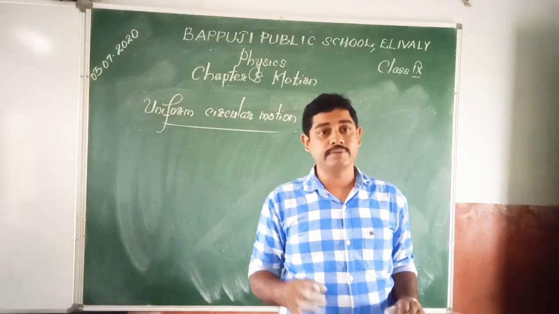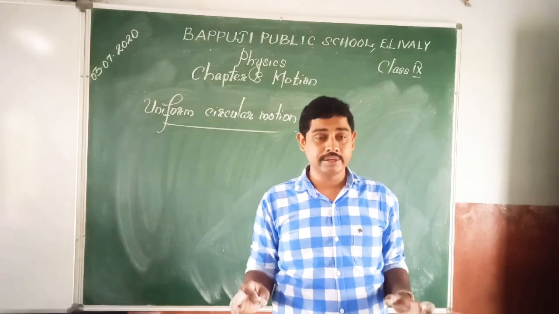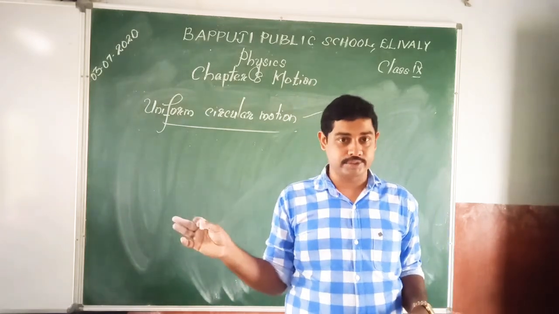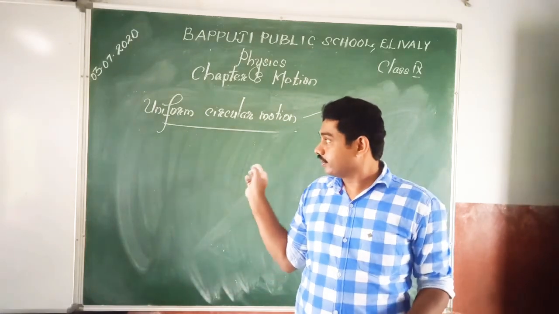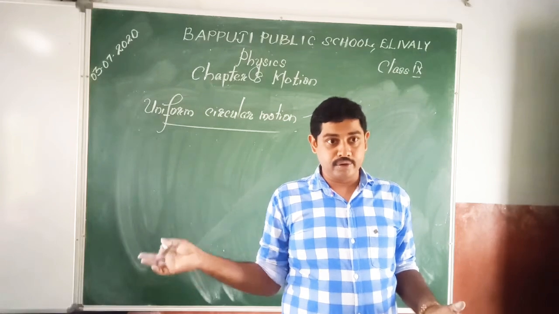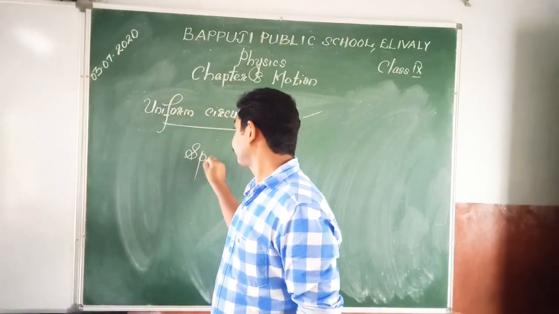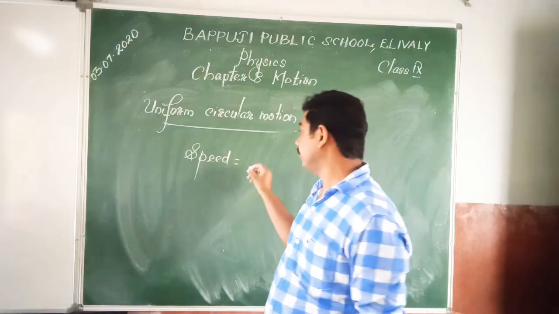What is uniform circular motion? When an object is moving along a circular path with a uniform speed, it is called uniform circular motion. Then what is the speed of this object? How can we calculate the speed of an object? Speed is equal to distance upon time. Speed in a given direction is called velocity.